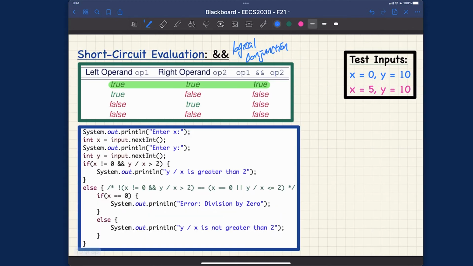So what about the short circuit for logical conjunction? It's based on the truth table that you should be familiar with. Let me review quickly with you. We have operand 1 and operand 2.